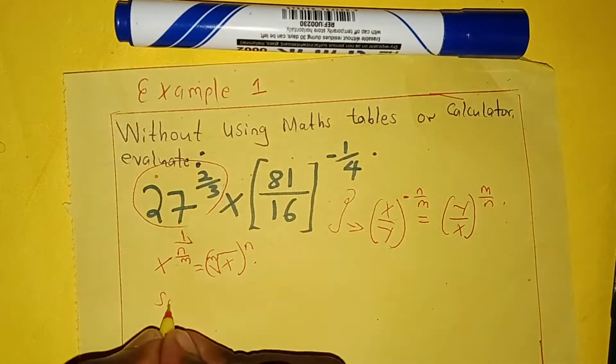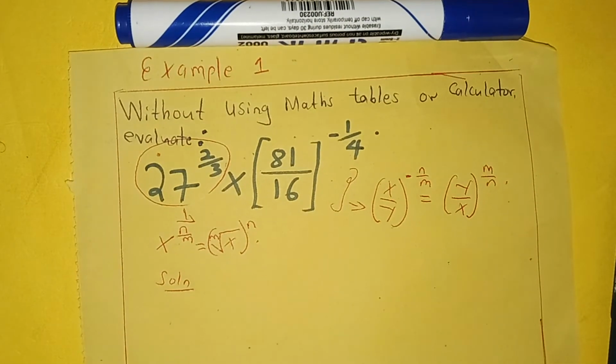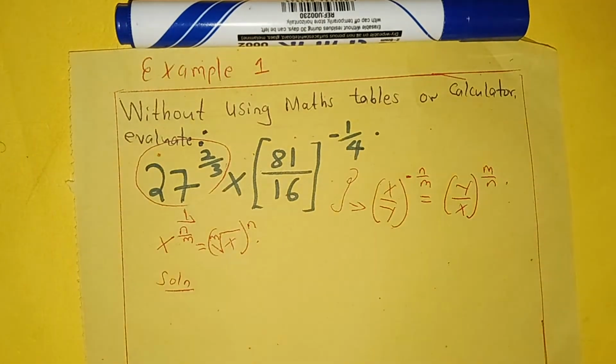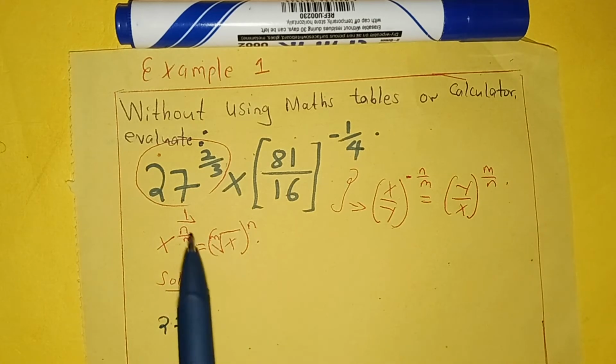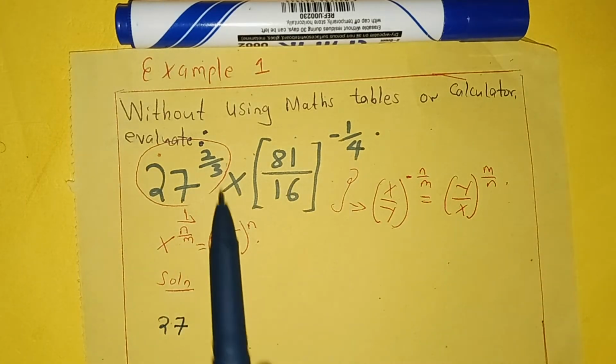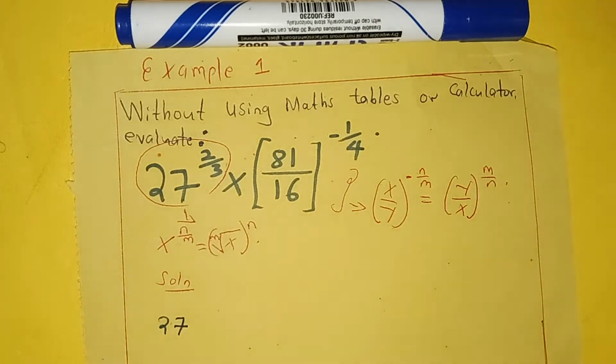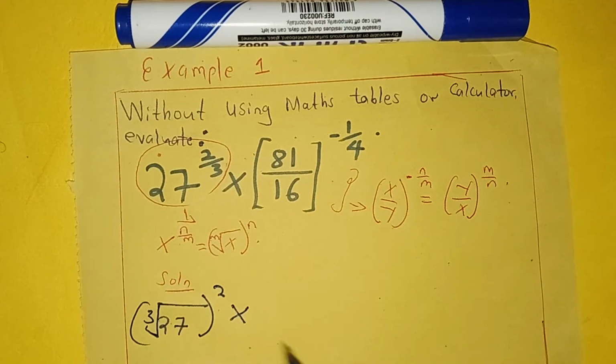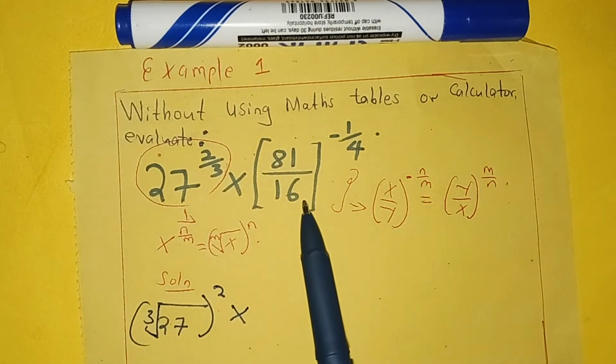Now, solution. Starting the first part, applying the law, our x is 27 and our m is 3 and our n is 2. It will be 27, then cube root, squared, then times the second part.